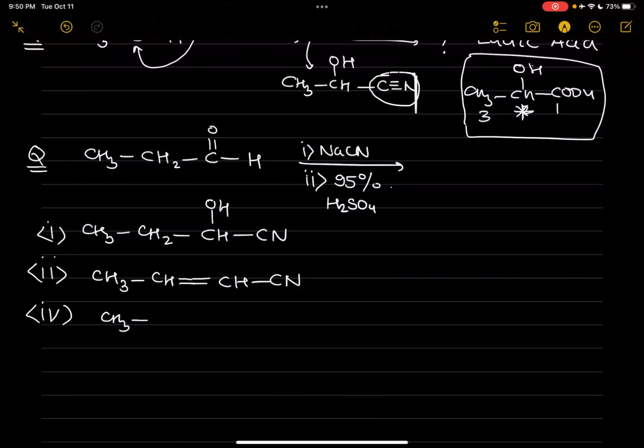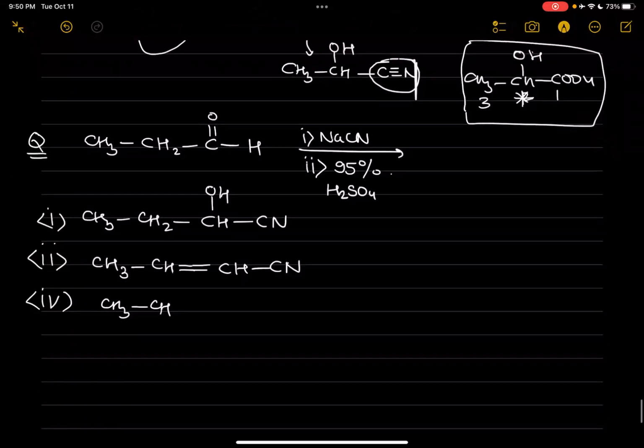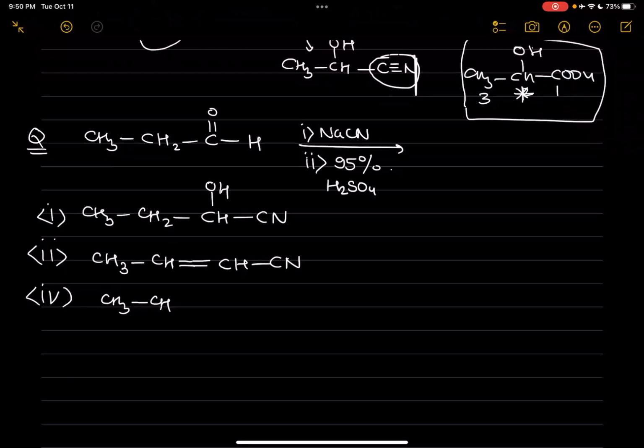Sir, here the H2SO4 will not oxidize it, or it is just present as a catalyst? No. The matter is of dehydration, not of oxidation. H2SO4 exhibits oxidizing character at very high temperature, and that too with very reducing substances like HI and all. So all the options are actually eligible options. That's what the problem is.